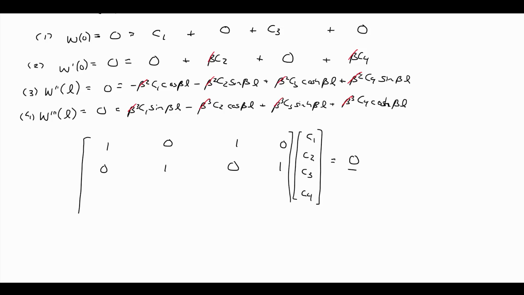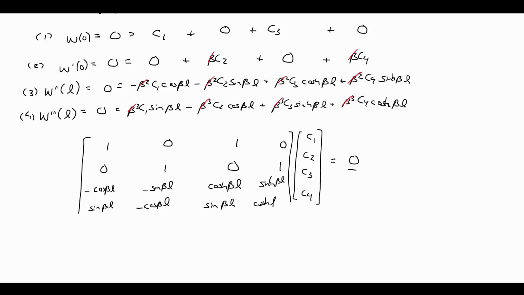In my third one, I'll have a negative cosine beta L, minus a sine beta L in the second spot, a cosh beta L in the third spot, and a sinh beta L. And then my fourth row, fourth equation, I have a sine beta L, a negative cosine beta L, sinh beta L, and cosh beta L.